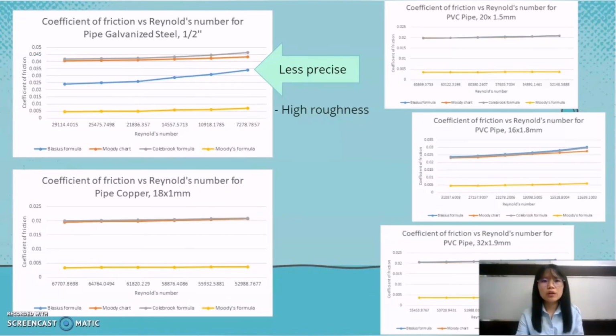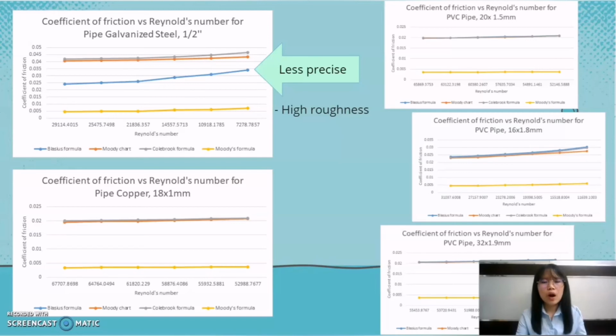These graphs show that the coefficient of friction for each pipe calculated by the Colebrook formula, Blasius formula, and Moody chart are slightly different. Blasius formula is simpler compared to the Colebrook formula, as it only involves the Reynolds number for calculation, while the Colebrook formula is very complicated, as it involves the diameter of the pipe, roughness, and also the Reynolds number.